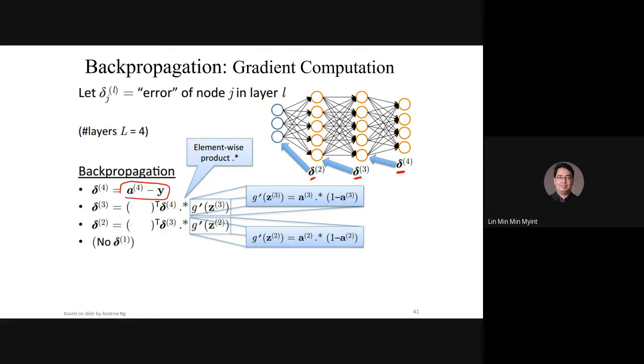Then we propagate it back to the next layer, multiplied with W3, this is W2, and this is W1.